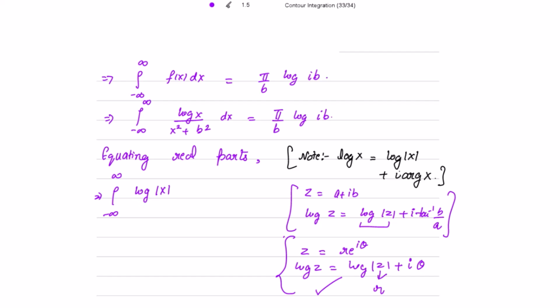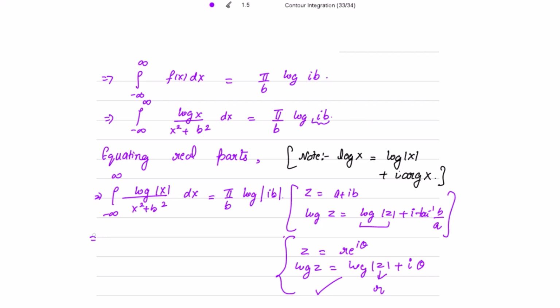So if you want to equate the real parts, write down the integral of log of mod x over x square plus b square dx, and this is equal to pi over b times log of iota b, again a complex number, so write down the real part as log of mod iota b. Is this thing clear? Okay, so for the real part you just have to take the mod, right?